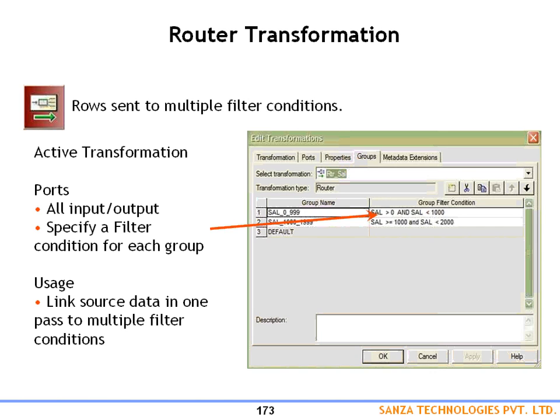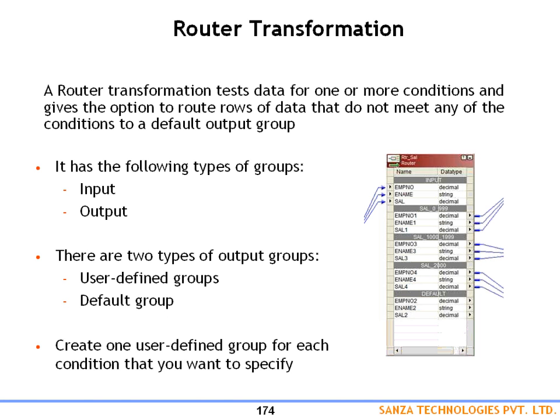Now the router transformation works to load the data into multiple targets. For that, let us discuss how a router transformation is defined. Basically, a router transformation contains input and output groups. The input group is the data coming into that transformation, like your employee number, employee name, salary, single record data coming in.